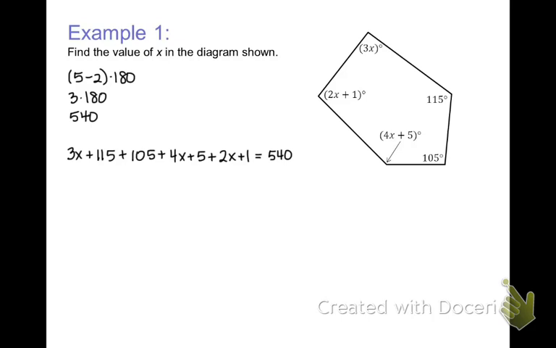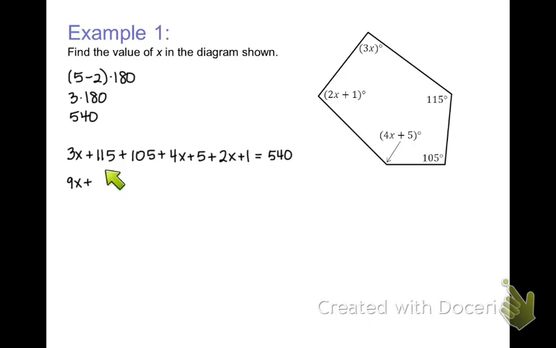All right. So at this point, we can combine all our x's. So if we move along here, I've got 3x's plus 4x's is 7x's plus another 2x's is 9x. Plus, and then let's add up all of our constants.